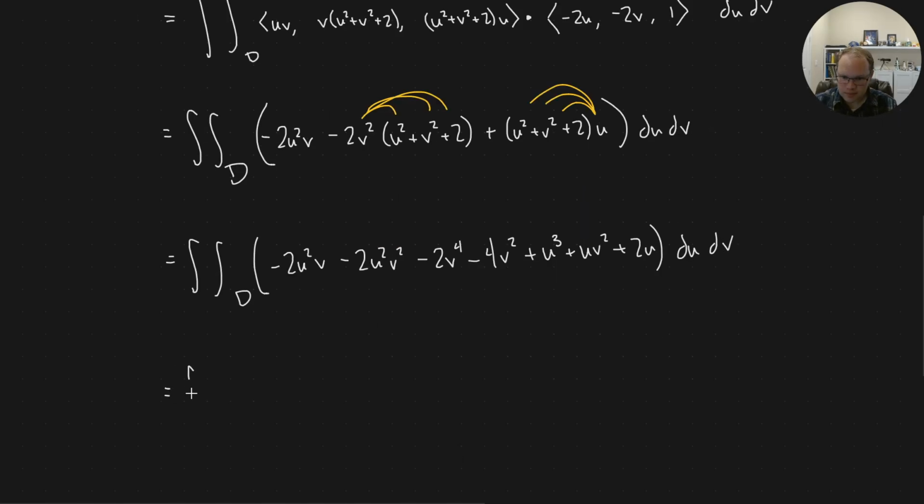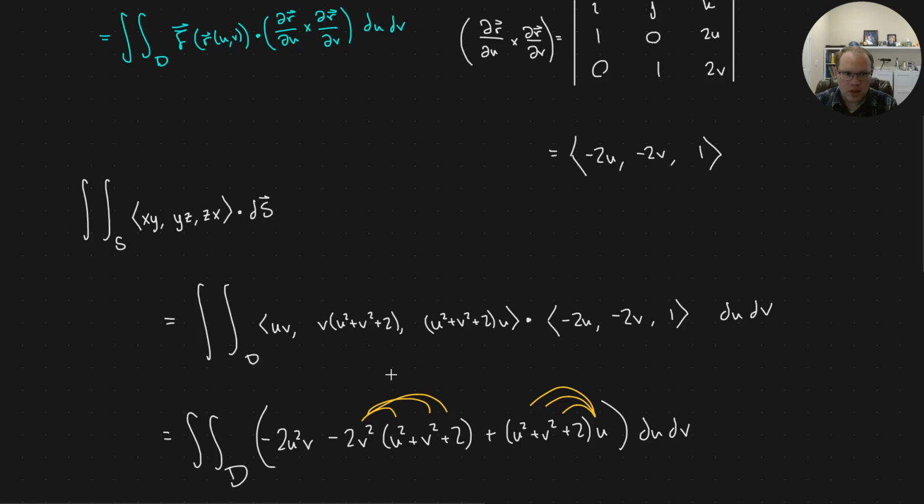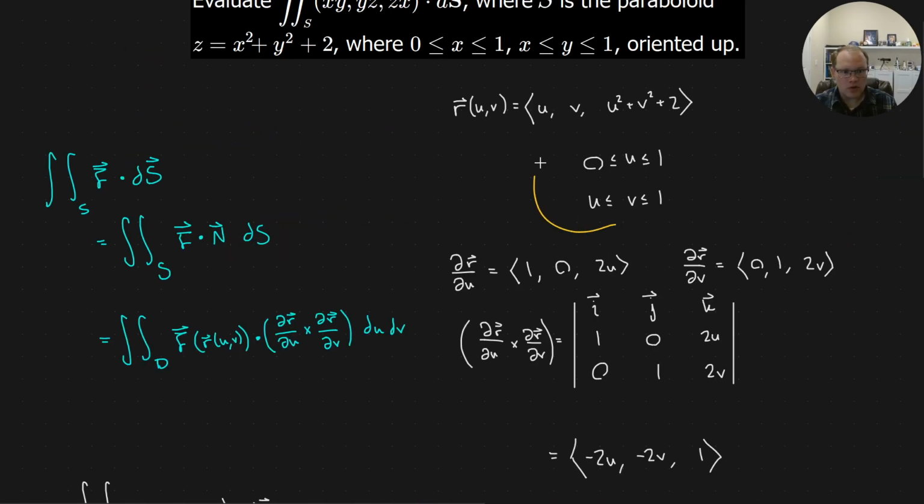Now let's find our limits of integration. u goes from 0 to 1, v goes from u to 1. What that looks like, by the way, in uv space: u goes from 0 to 1, and v goes from u, so v equals u is this line, to 1.